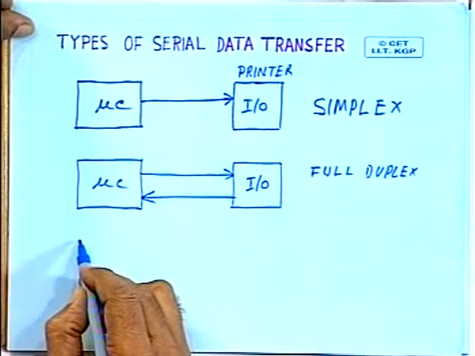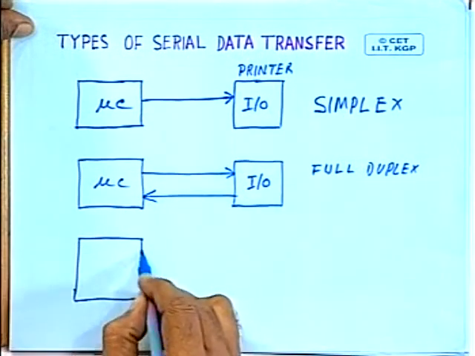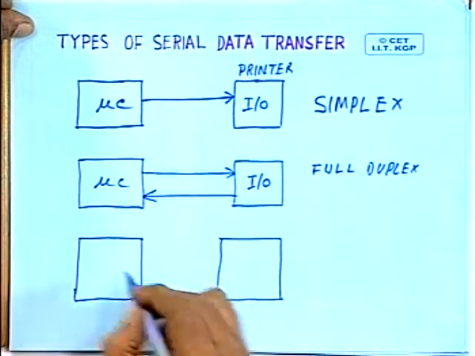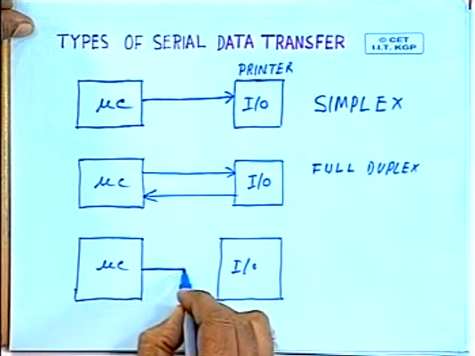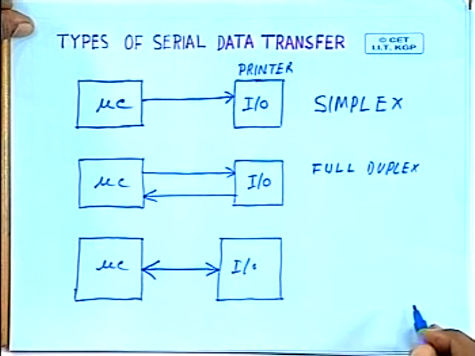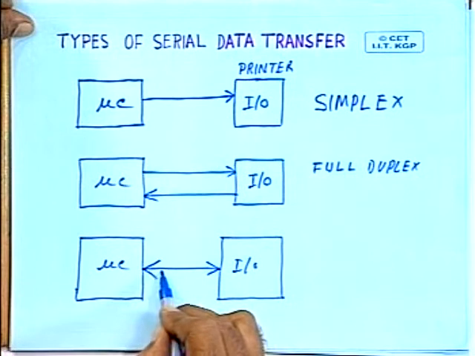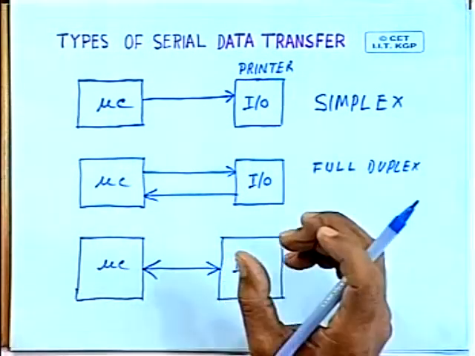But there are some situations where there exists only one communication media between the I/O and the microcomputer, and through the same media data transfer takes place in this direction as well as in the other direction. That means you are making use of the same media for data transfer in both directions. You may have seen the traffic police communicating with their head office.